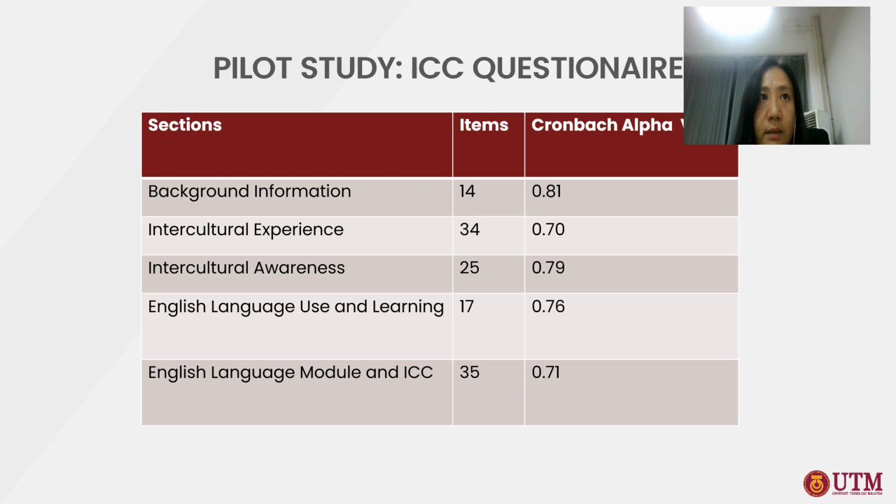Furthermore, a reliability test run on the data obtained from perception shows that the Cronbach alpha value for perception is 0.76, which indicates that the questionnaire is reliable and internally consistent to gather data regarding students and teachers' perception on ICC.